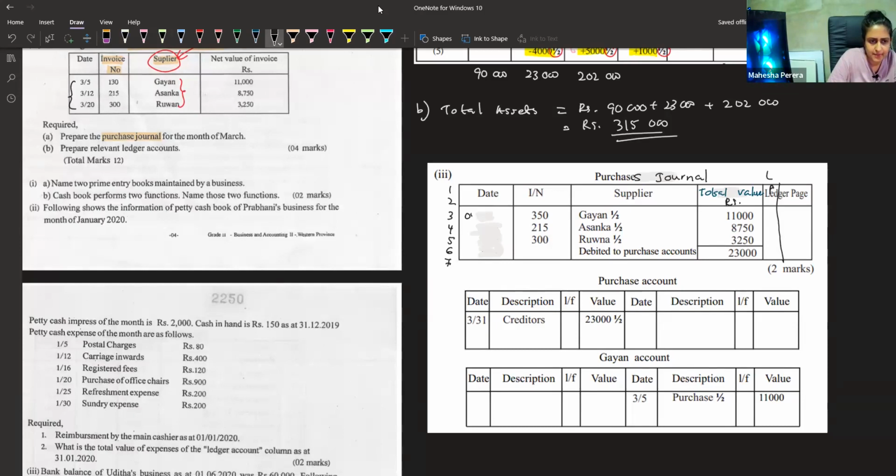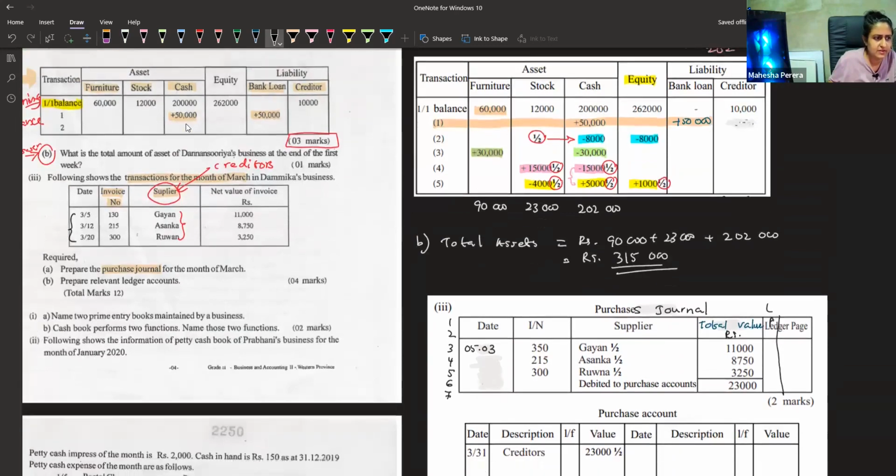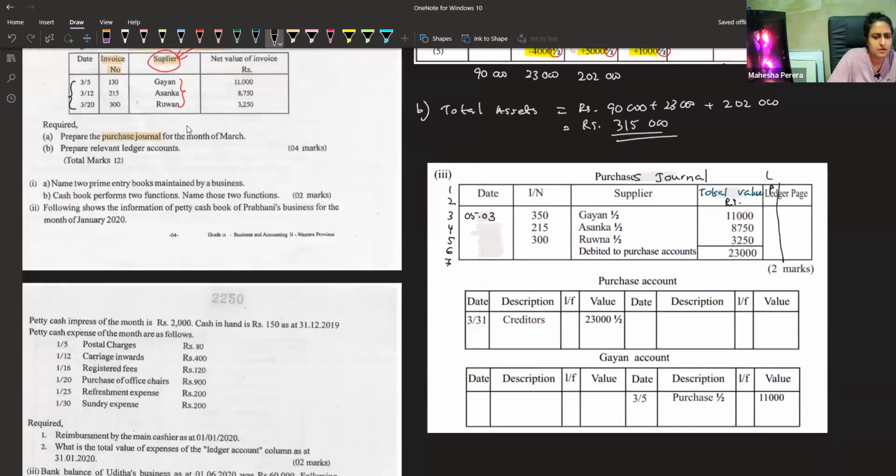We usually mention the year too if they have given the year. But they haven't given the year, so no worries. Then the next transaction is 12th March, and the next one is 20th of March.